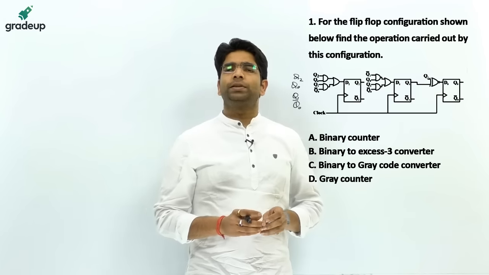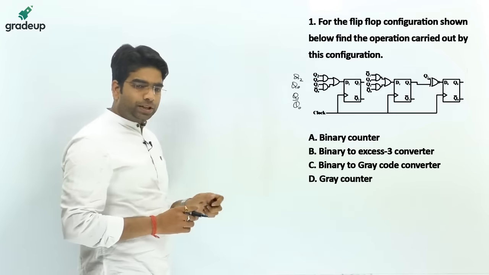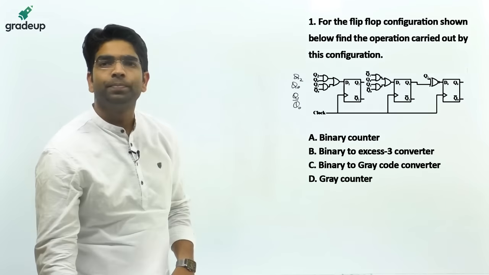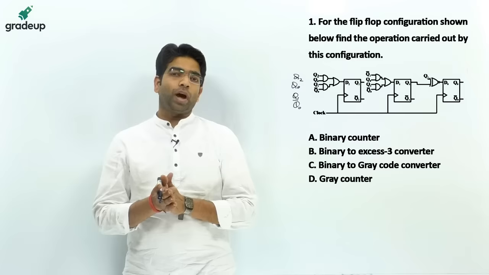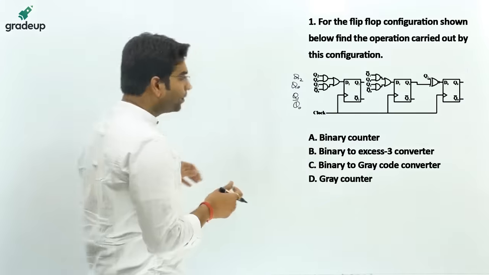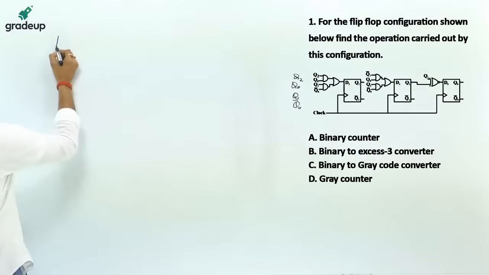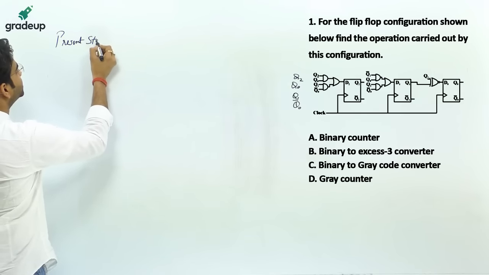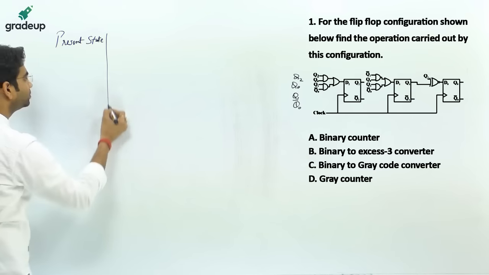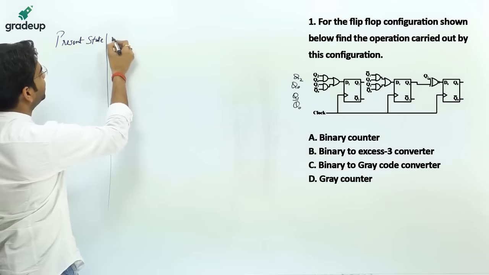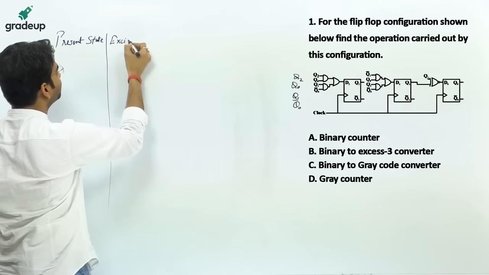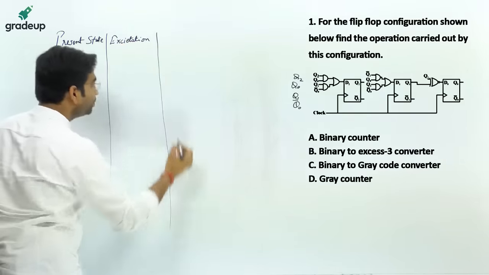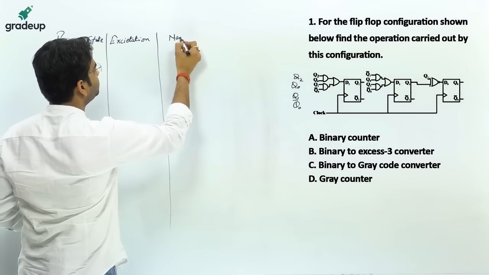Friends, this type of question, you can be very confident that it is a straightforward question. For this type of question, pursue with the present state, whatever excitation is given to that, and also the next state.